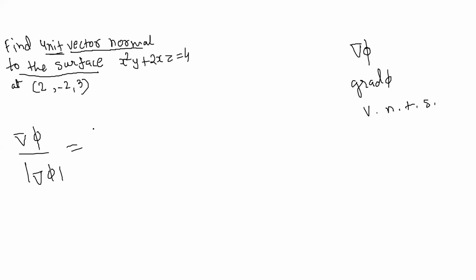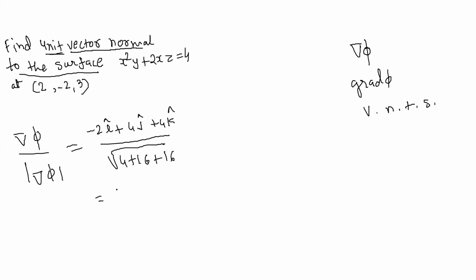Shubham, what is nabla phi? Minus 2 i cap plus 4 j cap plus 4 k cap. And your mod nabla phi means square root of (minus 2) square, 4 square 16, 4 square 16.